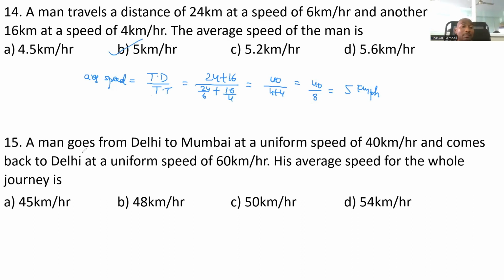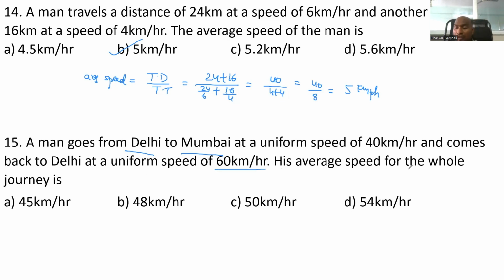Next one. A man goes from Delhi to Mumbai at a uniform speed of 40 km per hour and comes back to Delhi at a uniform speed of 60 km per hour.